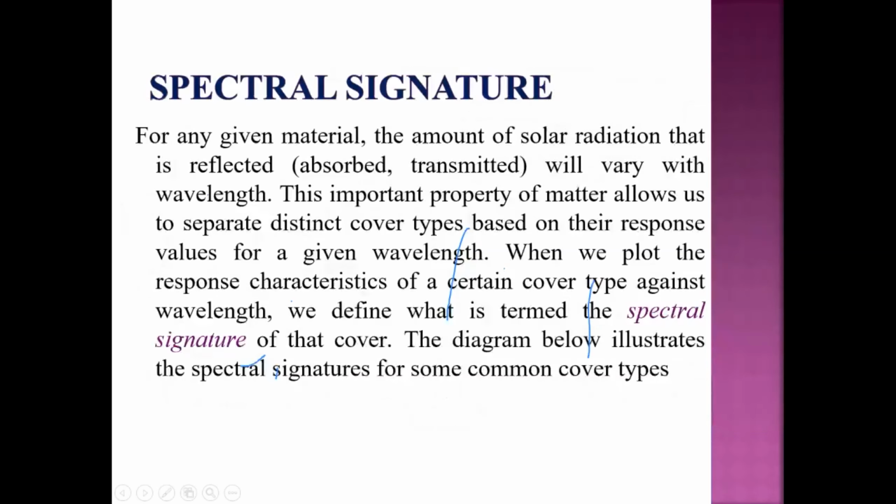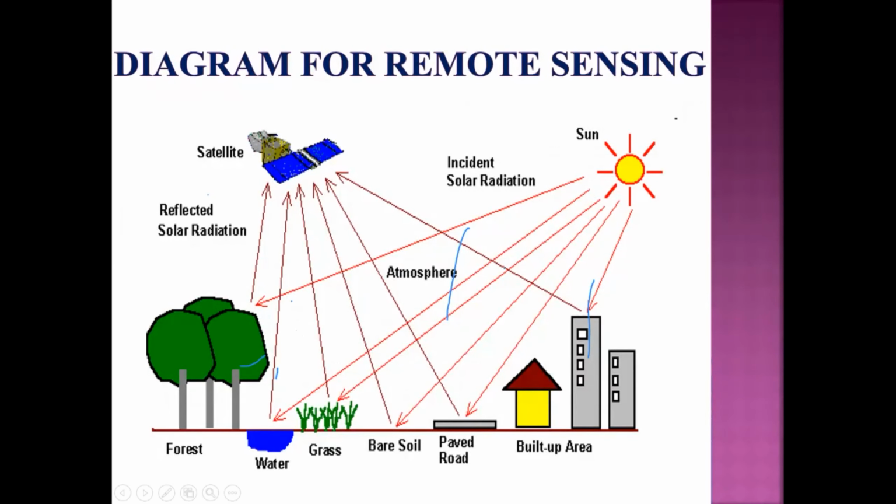So here in this image you can see the vegetation. It will absorb at 1400 nanometer and 1900 nanometer infrared. But water absorbs all the infrared radiations. Here it is also vegetation. Here, what does the sensor do?